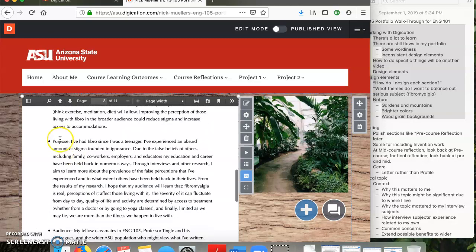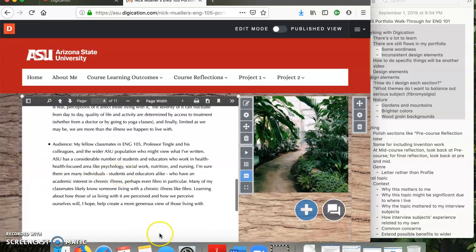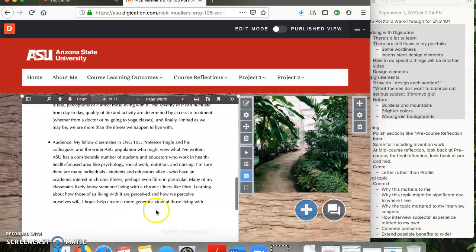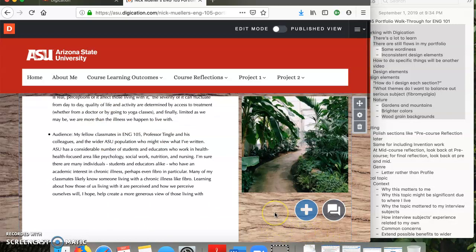And then purpose. For me, that was why I'm writing about this. I've had fibromyalgia since I was a teenager. Audience, we've already hit on that early on in these invention assignments in 101. So I'm going to get more into that stuff in the next video.